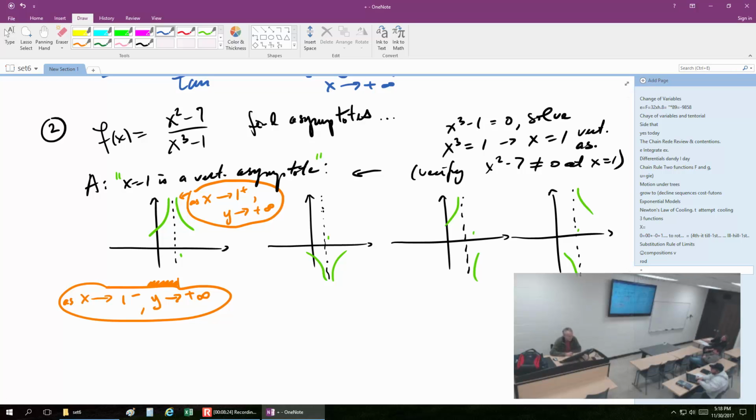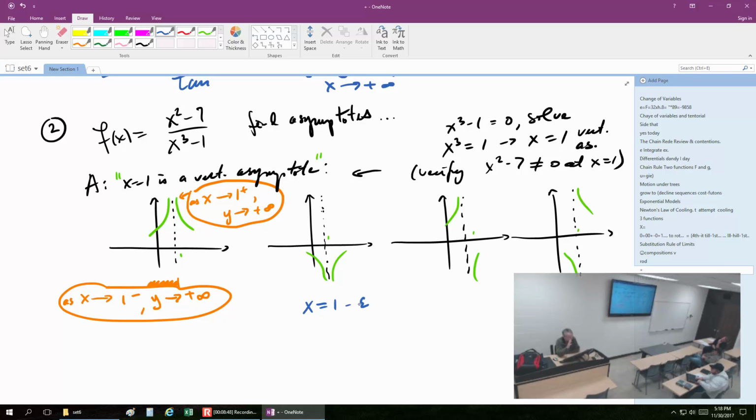If you want to do it algebraically, so there would be no doubts about what's going on, you can say x is 1 minus epsilon, where epsilon is a small number. Suppose x is just slightly less than 1.